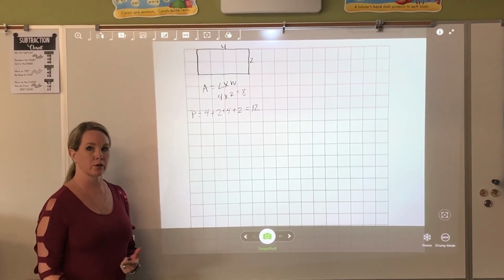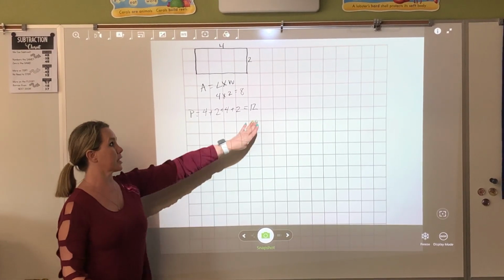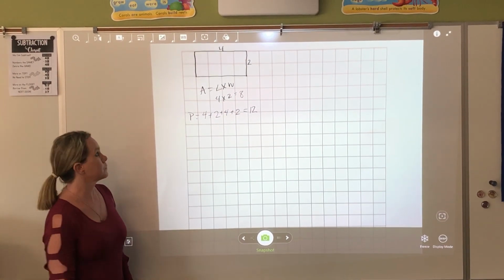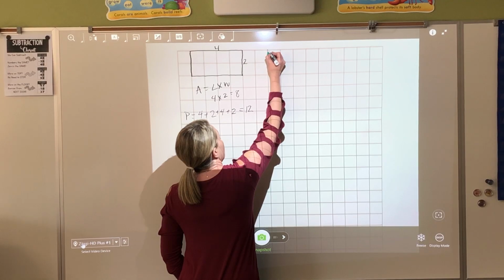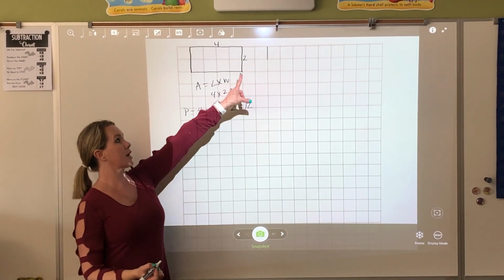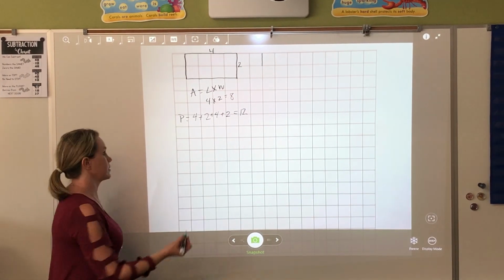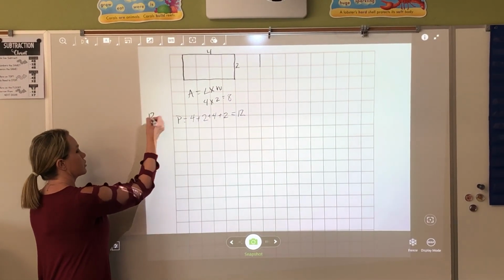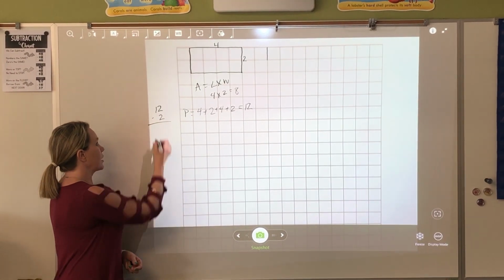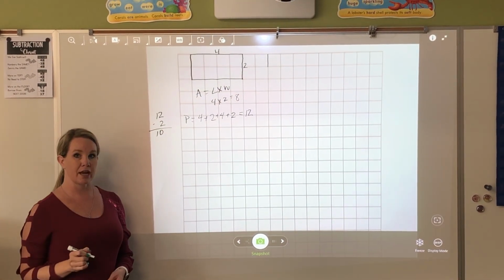Now I need to come up with another rectangle that has a perimeter of 12, but a different area. So let's look at a rectangle that goes down 1. Well, I know if this side is 1, my other side has to be 1. So I'm going to take 12, my total perimeter, subtract 2 for my sides, that gives me 10.